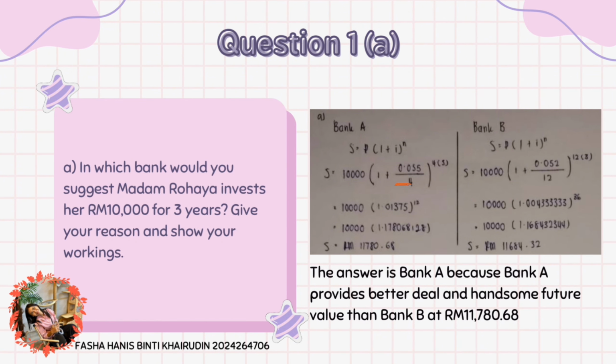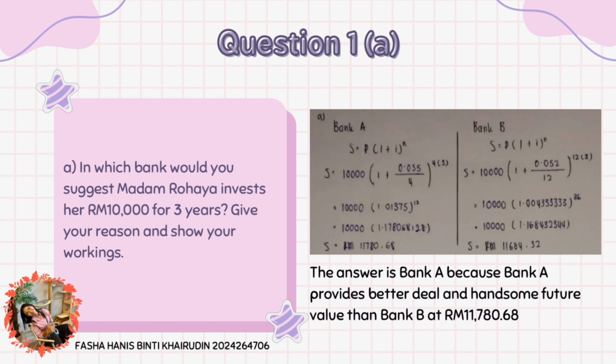After that, the numbers in the bracket should be solved including the power of 12. So, the answer will be S equals 10,000 bracket 1.178068128 bracket. We need to times the answer in the brackets with 10,000. So, the final answer will be S equals 11,780 ringgit and 68 cents.